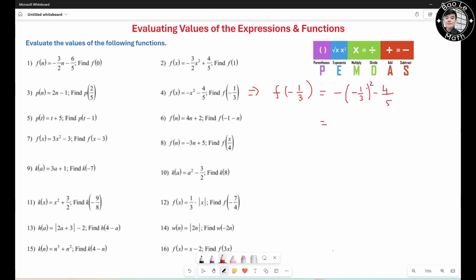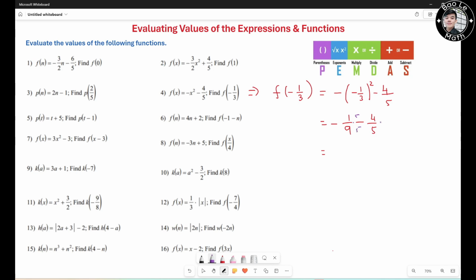Now, negative 1/3 squared is going to be 1 over 9, and then I have the negative sign in front of this one. I put the negative sign right here. Minus 4 over 5. Now I need to find the LCM of 9 and 5, which is 45. So for the left hand side, I need to multiply the top and bottom by 5.